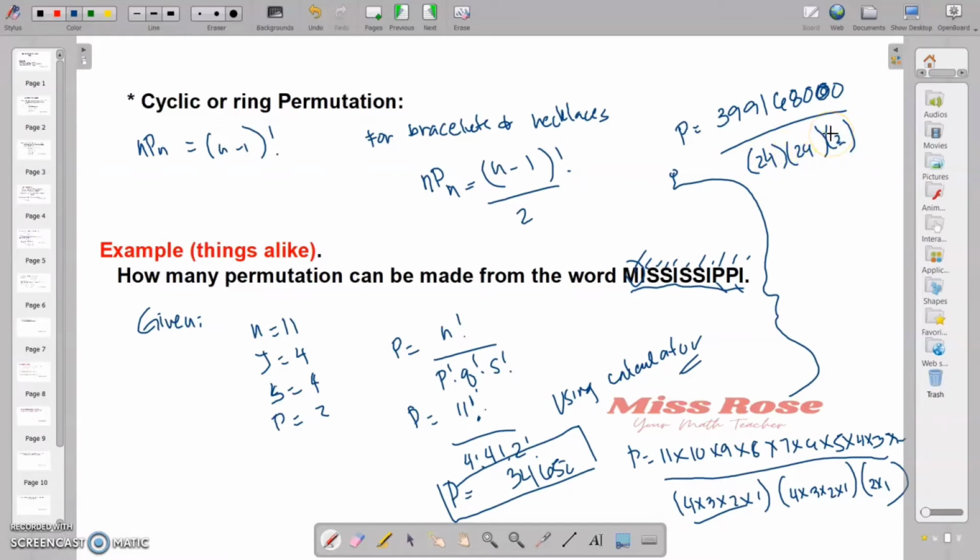So, divide 399,180,000 by 24 times 24 times 2. So that equals 3465.04. They are the same, only the decimal point makes them different. Next.